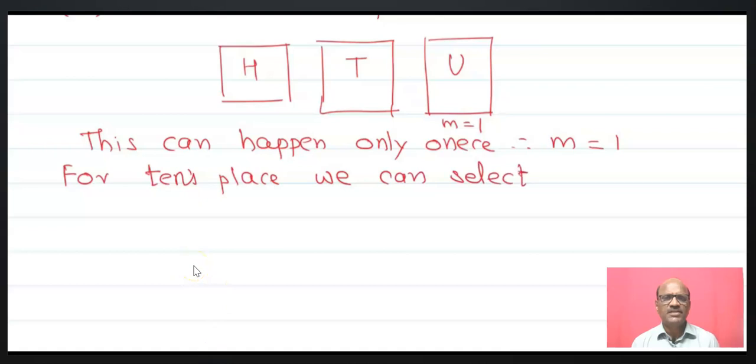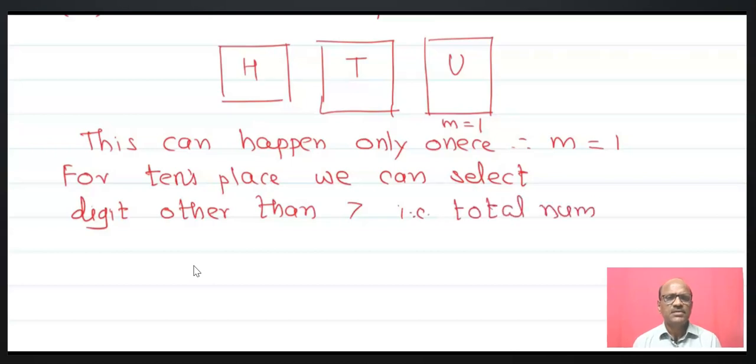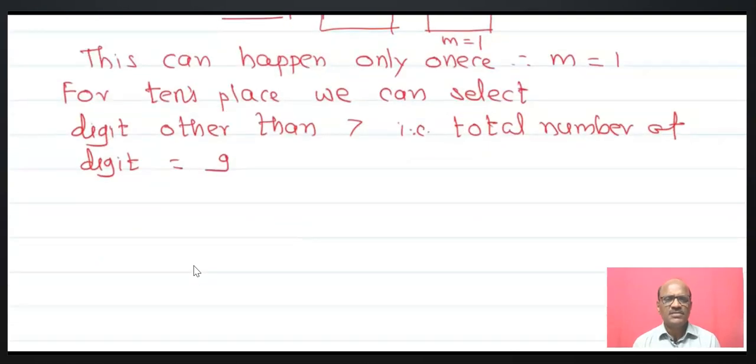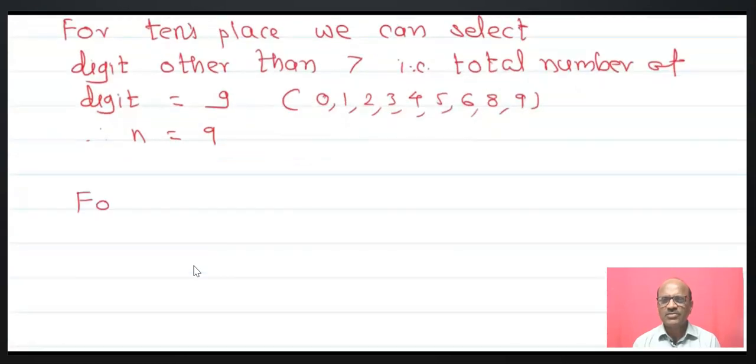For the 10th place, we can select a digit other than 7. That is total number of digits equal to 9. म्हणजे त्यात काय असतील तर 0 1 2 3 4 5 6 8 and 9. n is equal to 9.